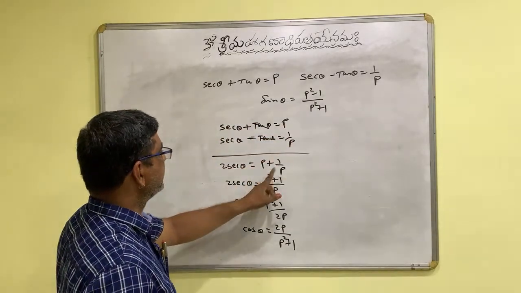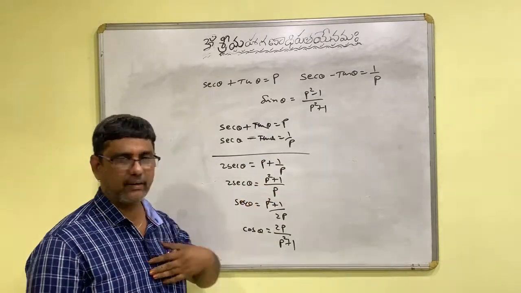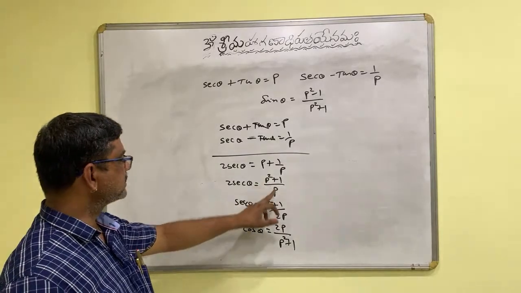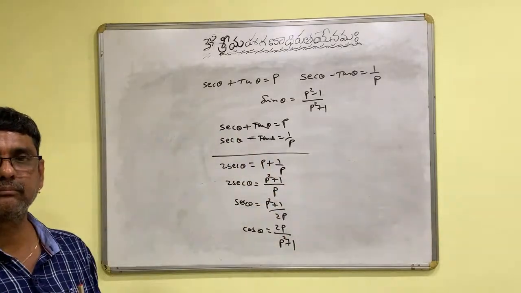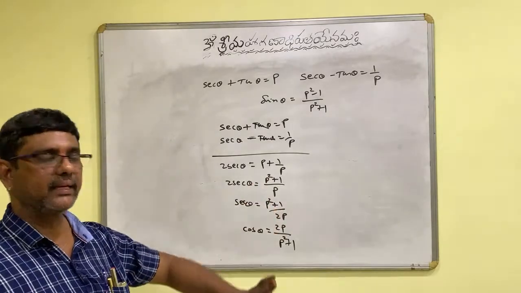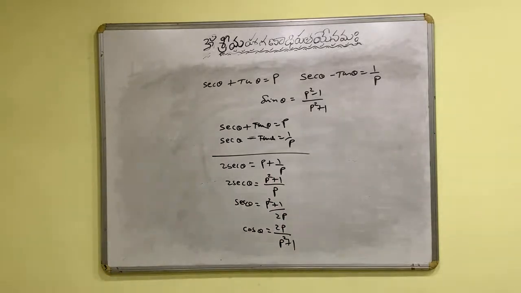P plus 1 by P. And if you take LCM, 2 secant theta is equal to P square plus 1 by P. Then secant theta is equal to P square plus 1 by 2P. If secant theta is P square plus 1 by 2P, then cos theta is the reverse, 2P by P square plus 1.